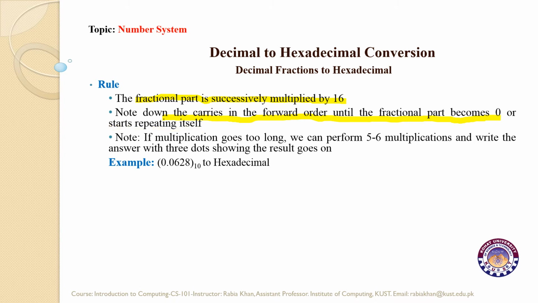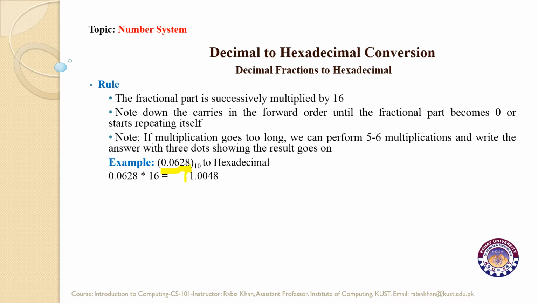We are given a decimal fraction here, as you can see, 0.0628, and we have to convert it into hexadecimal number. As the method shows, we need to multiply this decimal fraction successively with 16. So 0.0628 is multiplied by 16 and the result is 1.0048.